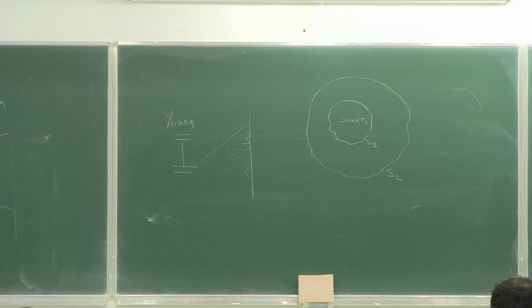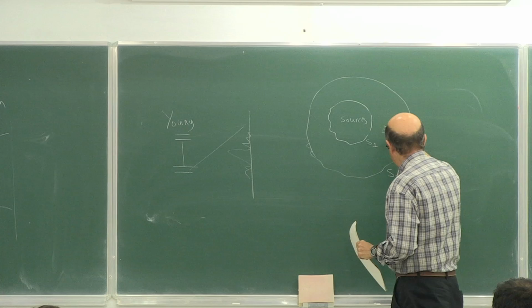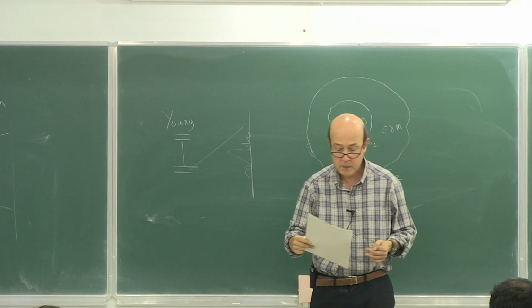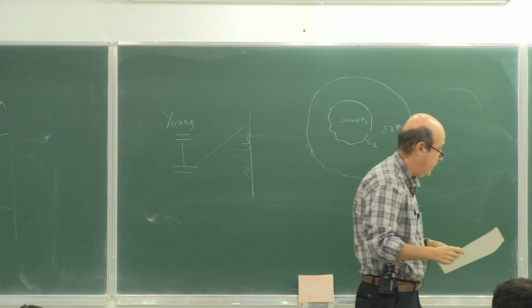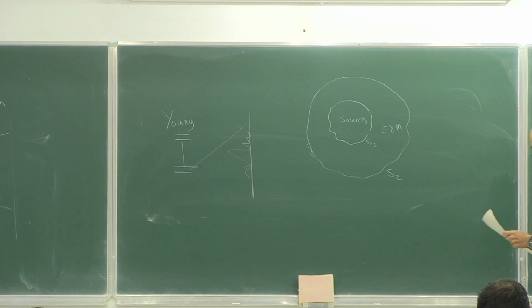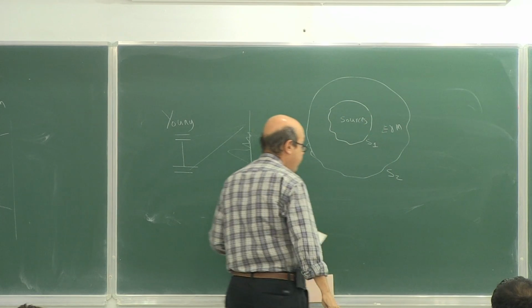So basically we have electromagnetic waves and boundaries. The best approach was applied by Kirchhoff, and he uses Green's theorem.